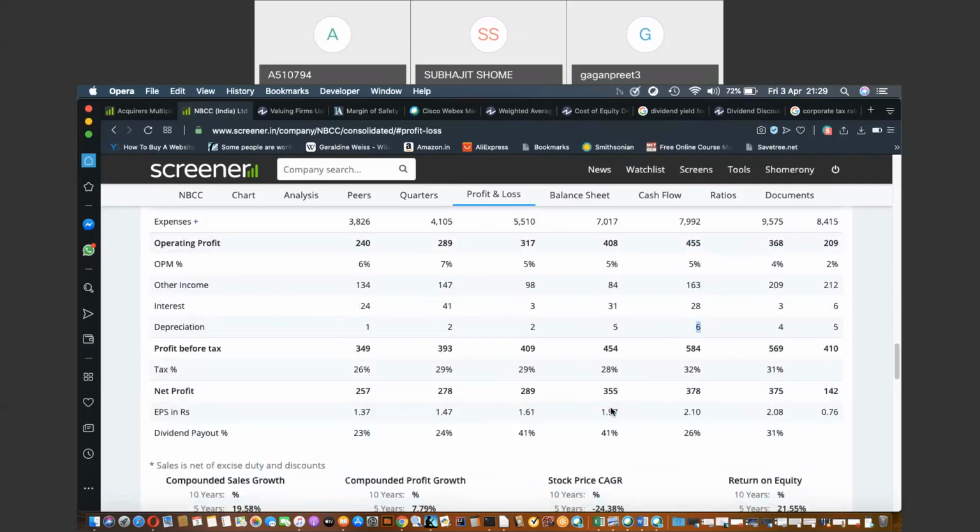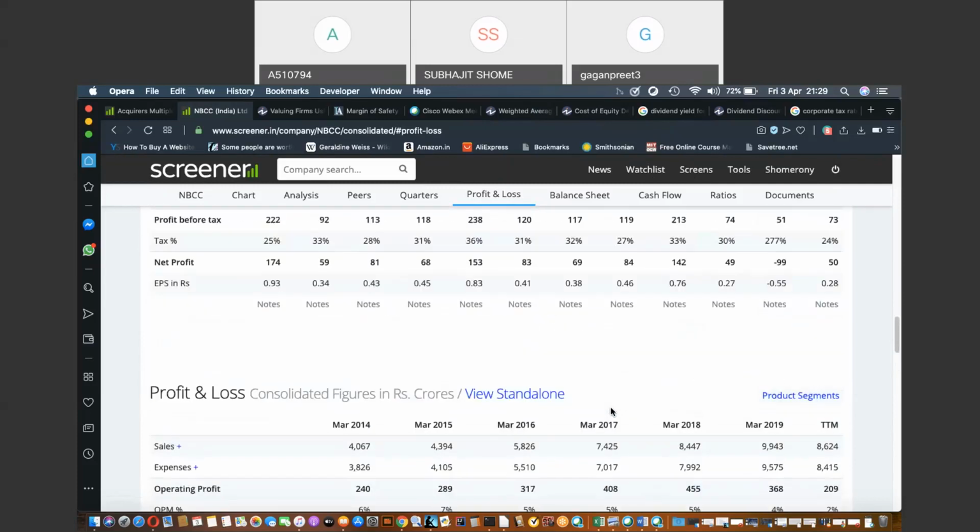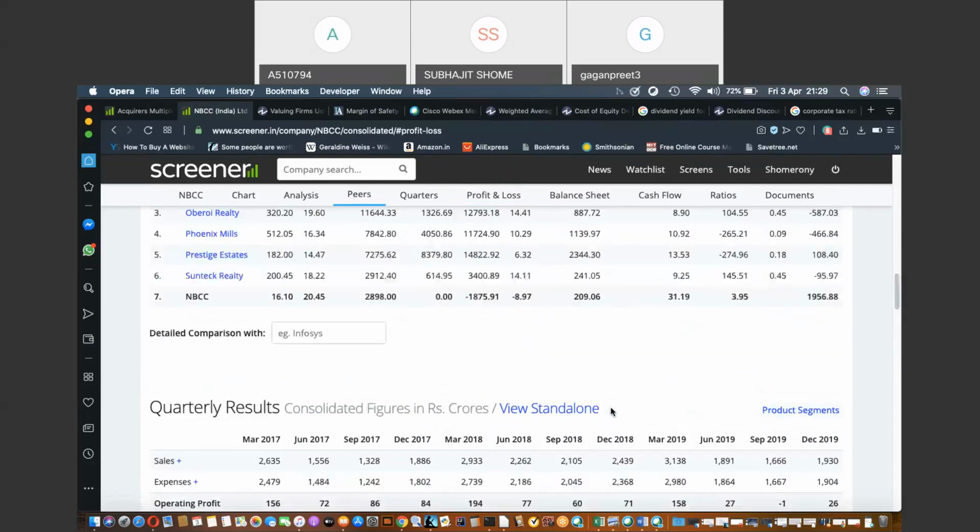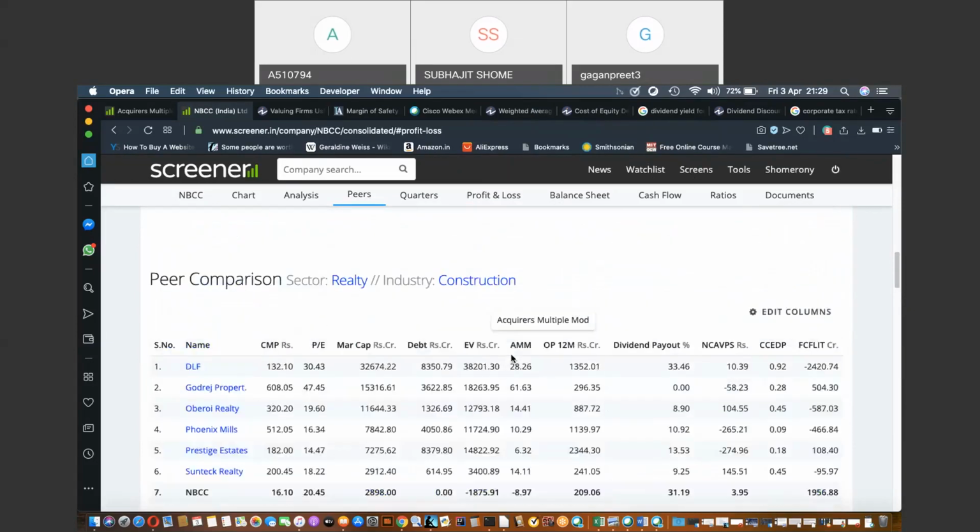Minus capex. Now for capex, we need to go to the balance sheet. Where do we find capex?